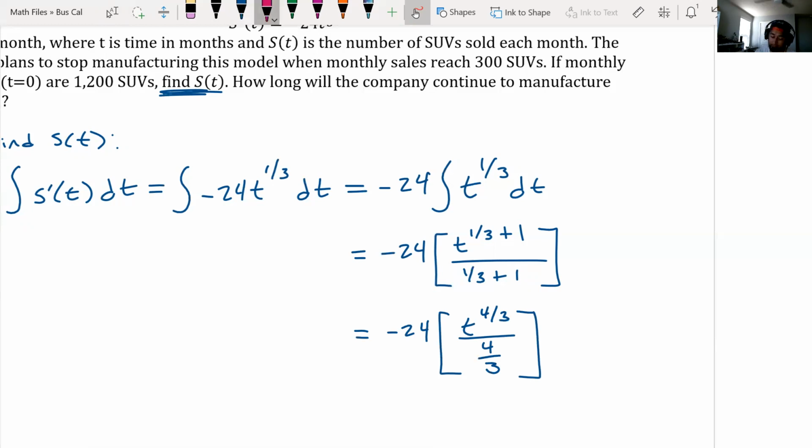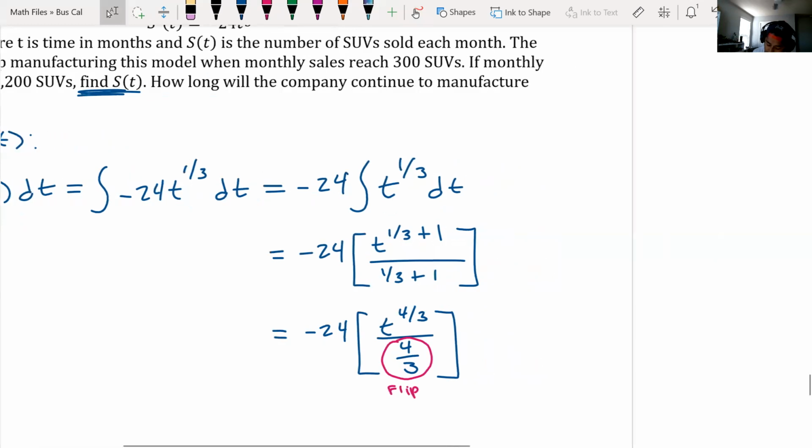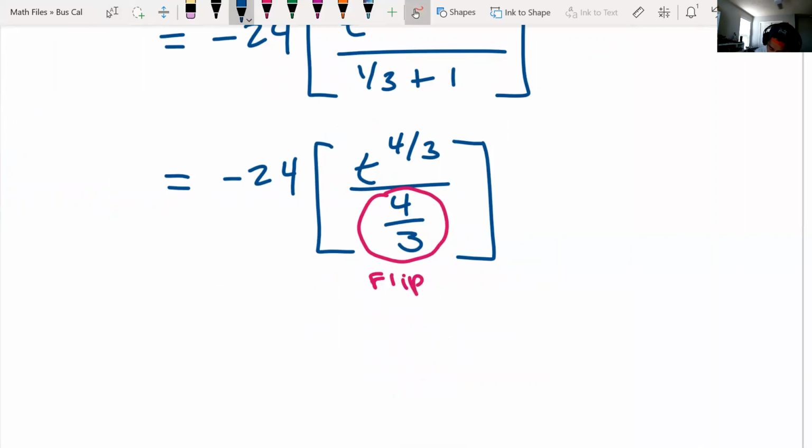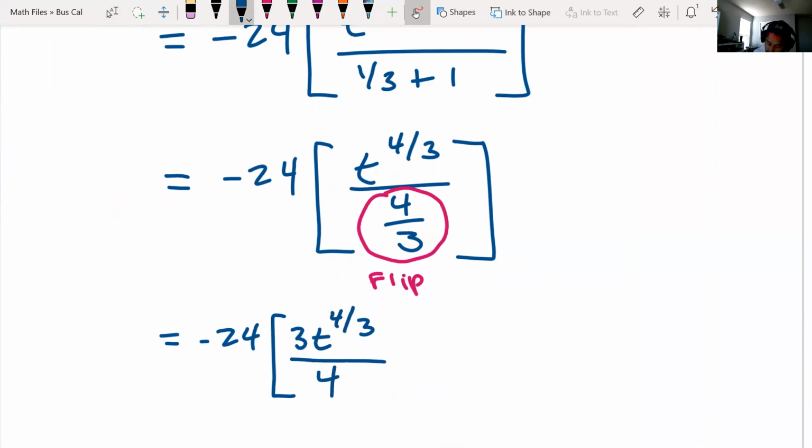And once again, can't have that fraction in the denominator, so you flip it. The 3 goes to the numerator, the 4 stays in the denominator. So we end up with negative 24 times 3t to the 4/3 over 4.